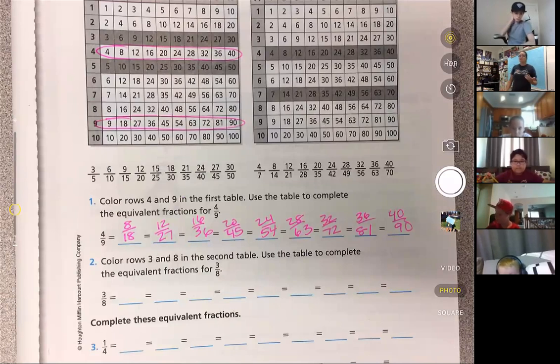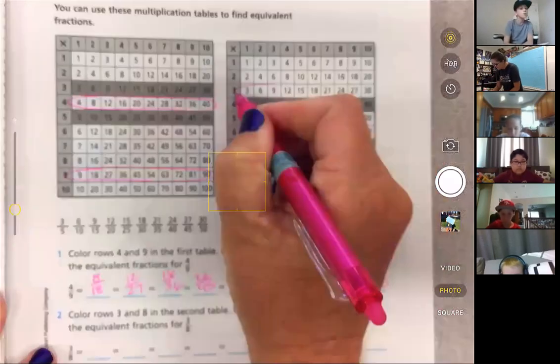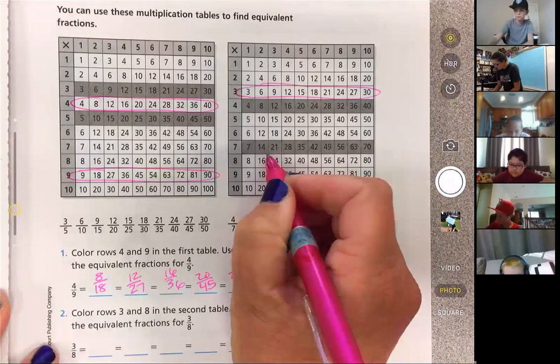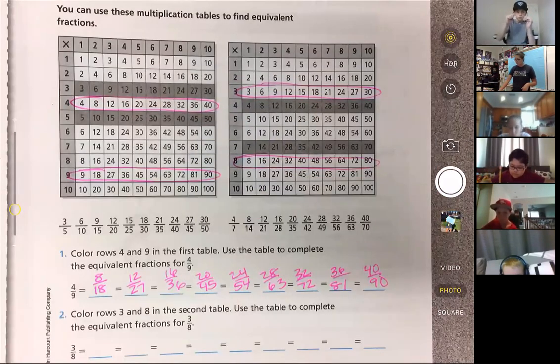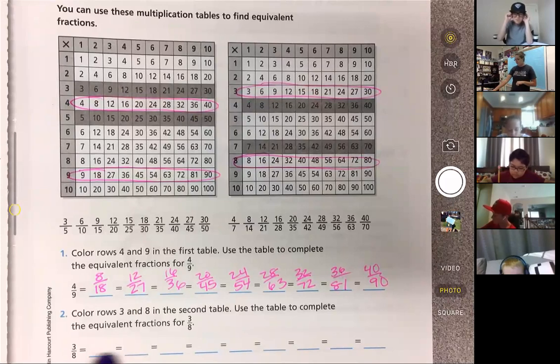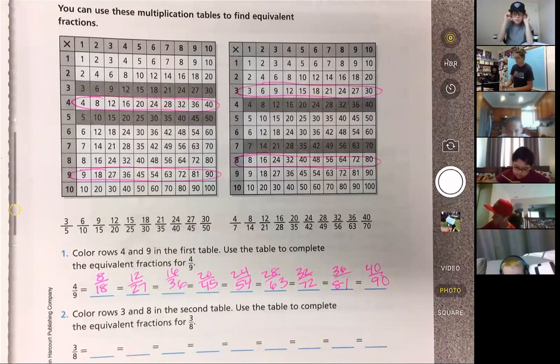Awesome. So we're going to do the same thing for the 3/8. We're going to color in our 3/8 on the second table, and we're going to write our equivalent fractions. You go ahead and do it. Fill in for number 2 only. Fill in all of your equivalent fractions for 3/8.